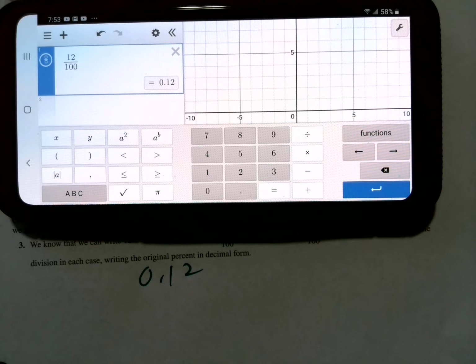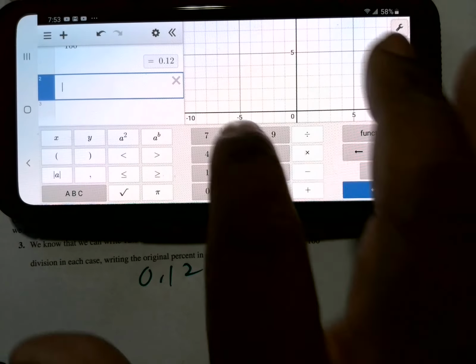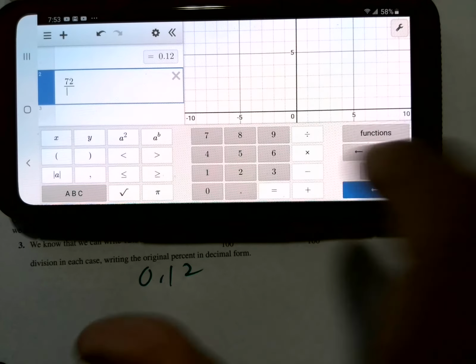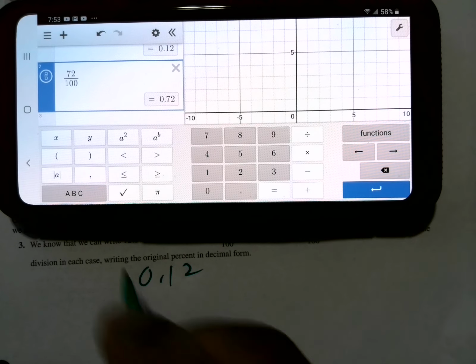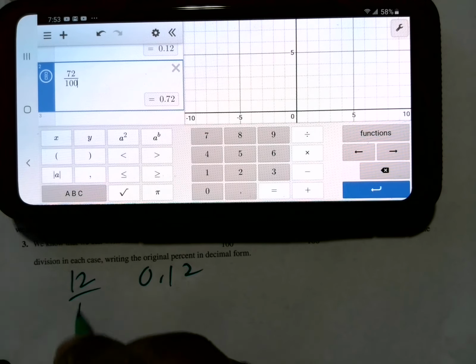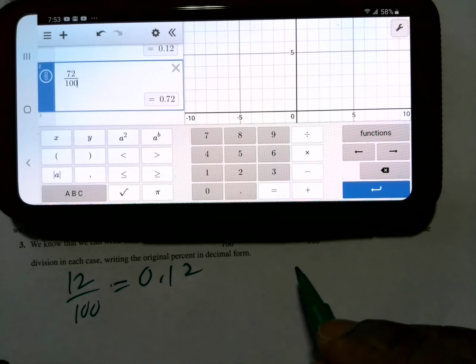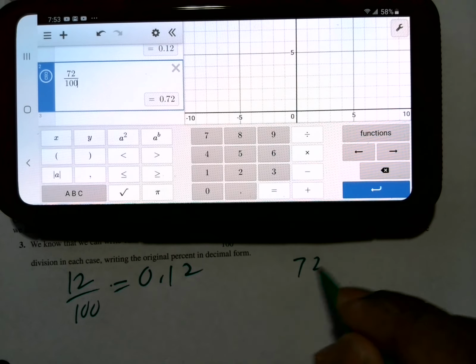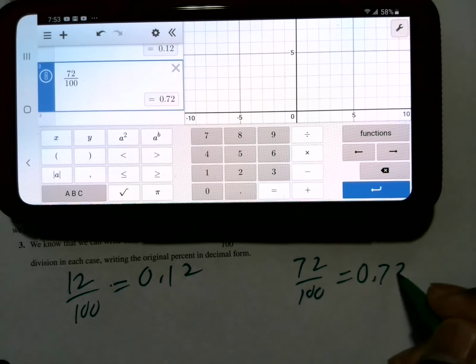And then for the next value, we will have 72 divided by 100. And that gives us 0.72. So we'll write this 12 over 100 is equal to 0.12. And we'll write 72 over 100 is equal to 0.72.